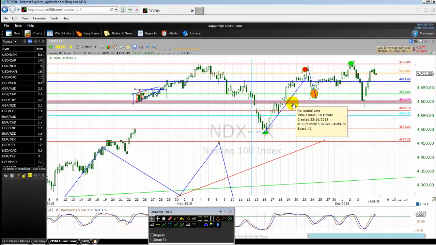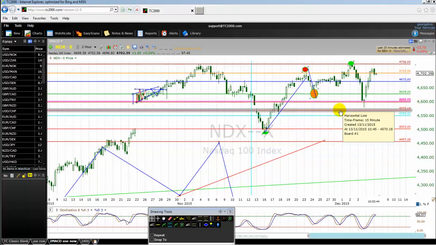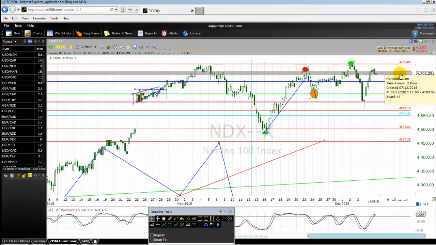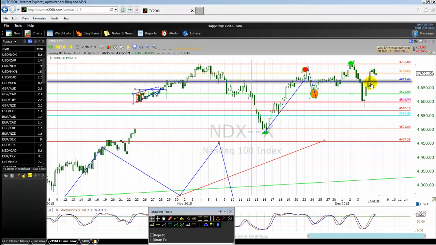I may secure my gain by moving my stop loss to break even. If I don't want to close that trade, I can move my stop loss from 4736 to the entry point 4703, to make sure that if the price suddenly starts going in the opposite direction, I will not lose any money and I will not make any money.